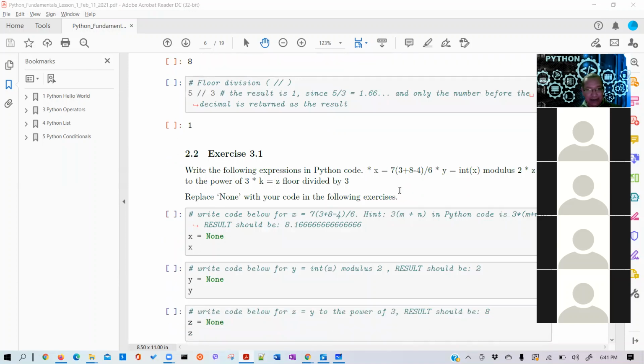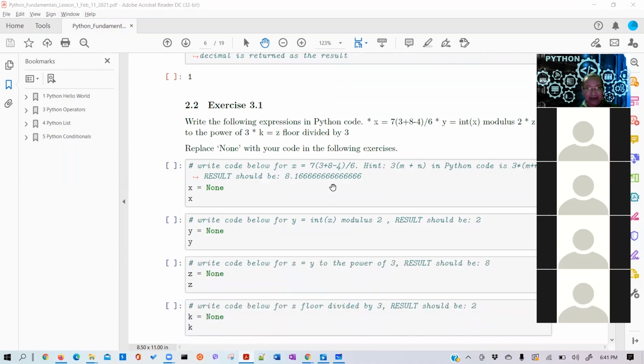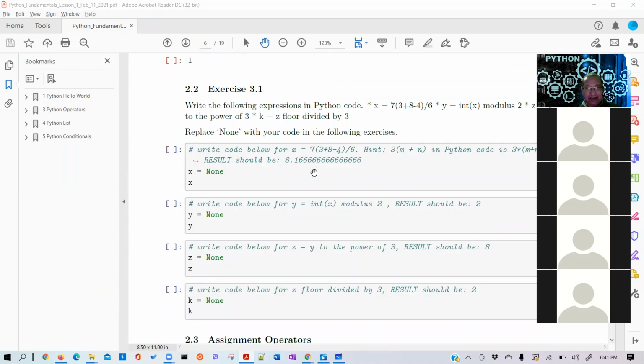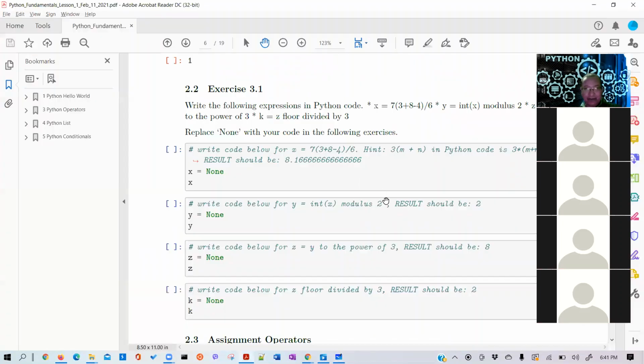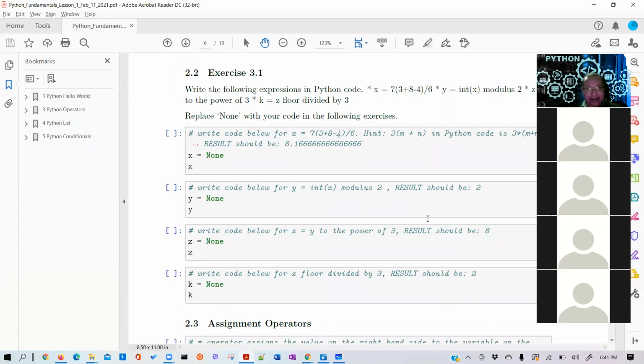Let's do some exercises. Can you try this? Can you write this in code? X is equal to... should we do this now or do you want to do this later? I think you can do it later, because we can cover a lot more if we skip this.